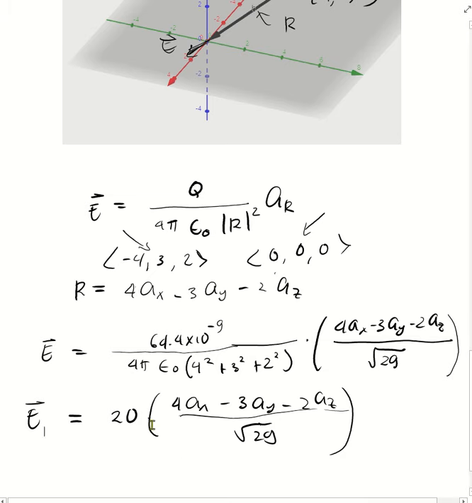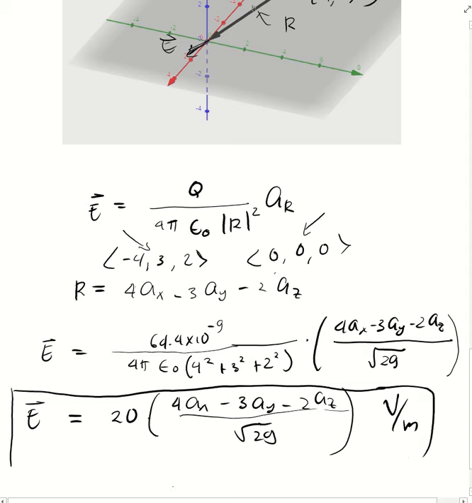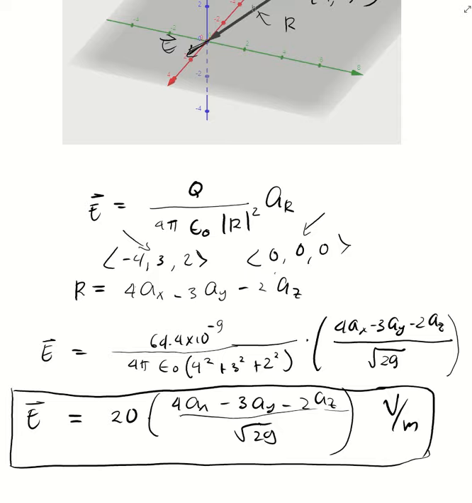Why? Because the magnitude will be obviously 20, and the unit vector is this one. So this is the direction, and this is the magnitude, and the unit for this will be volt per meter. So the electric field intensity at the origin has a magnitude of 20 volt per meter, and there's the direction.